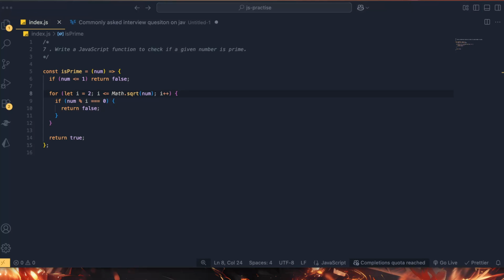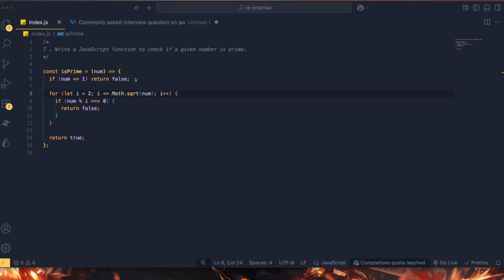I'm going to explain what exactly this is. Here we have a function which is taking an input as a number.